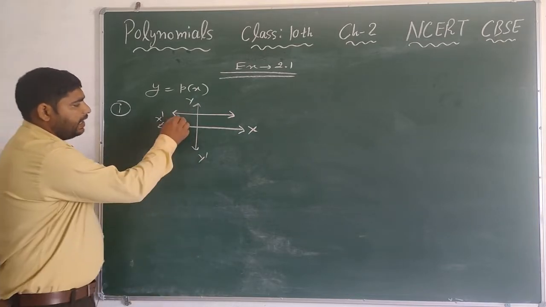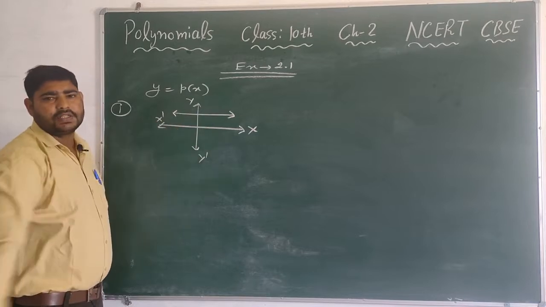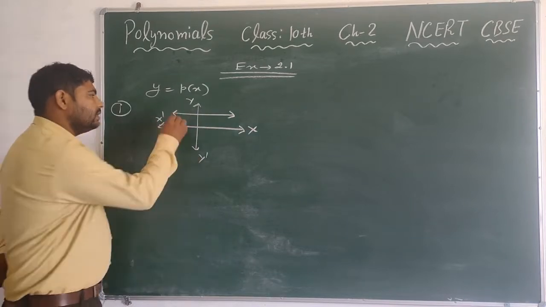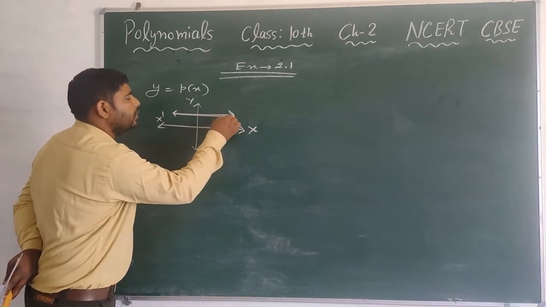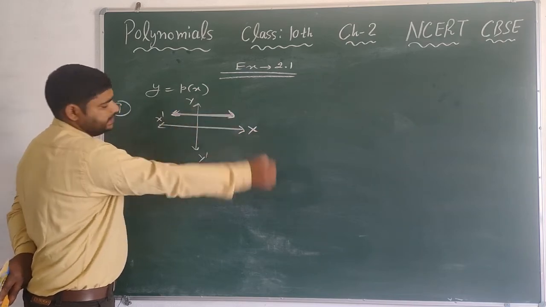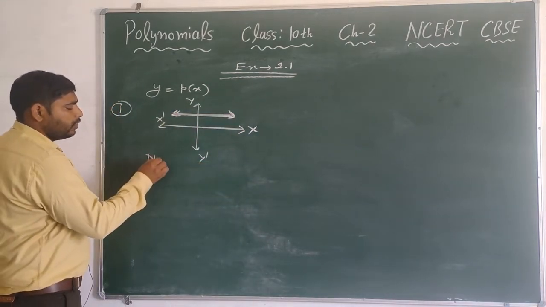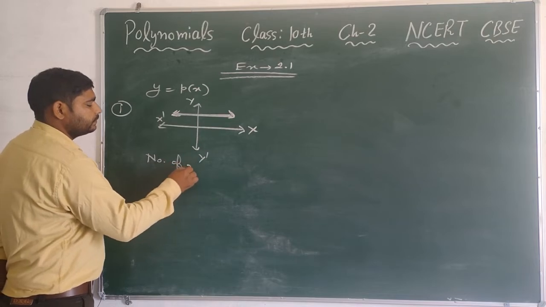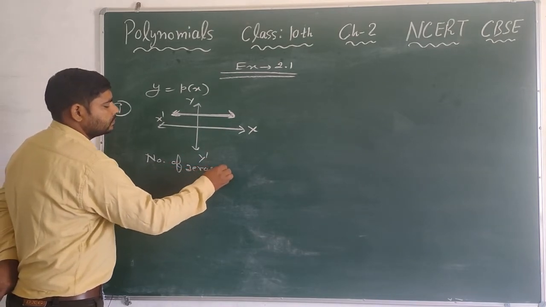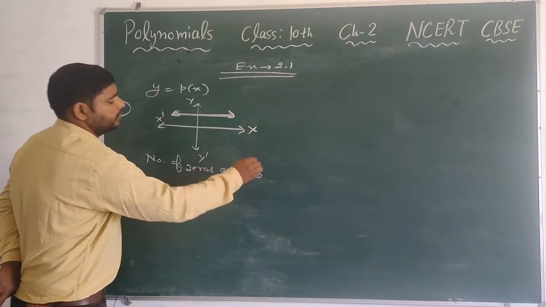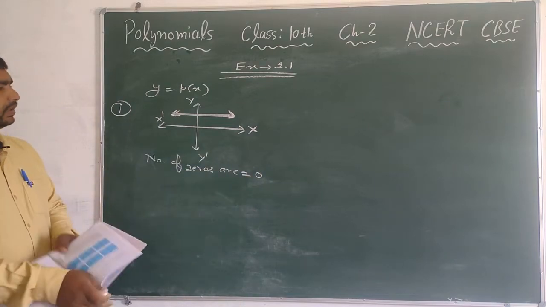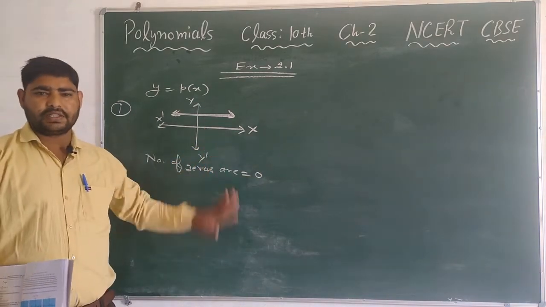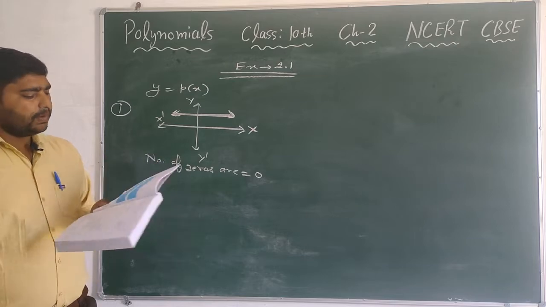The given graph does not intersect the x-axis. So the number of zeros is 0 because the graph does not intersect the x-axis. Part second.